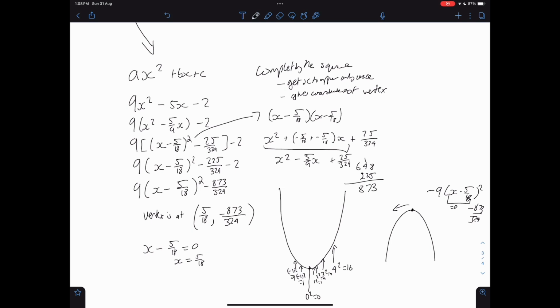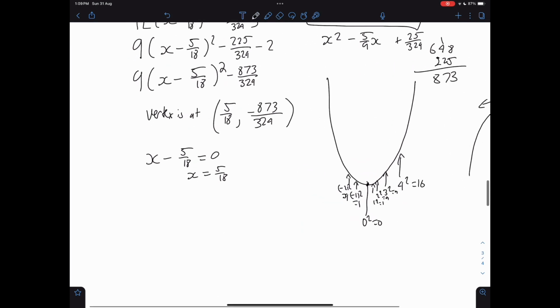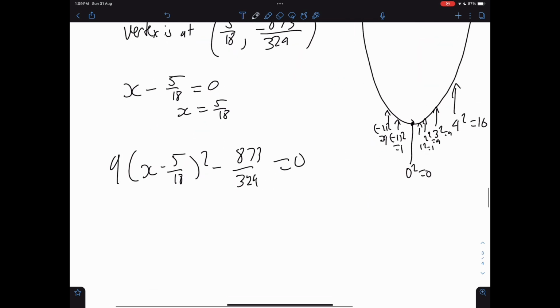So, because x only appears once, it can be used to solve the equation. So we could go ahead and, if this was to equal 0, like I did before, you go like this.